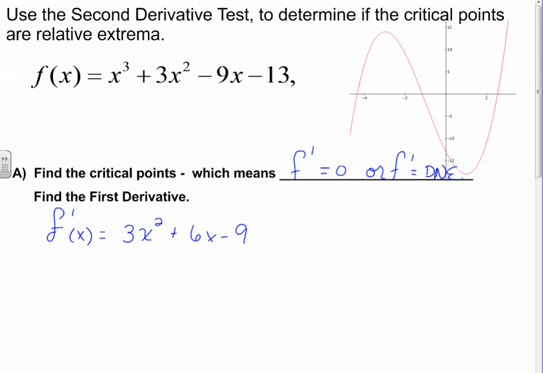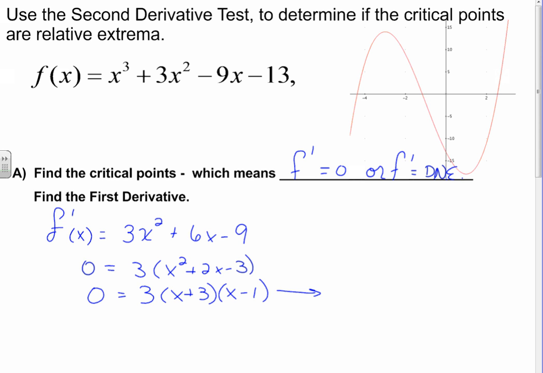I want to set that equal to 0. So 0 is equal to factoring out a 3, which leaves x squared plus 2x minus 3. Factoring that, we get 0 equals 3 times (x plus 3) times (x minus 1).